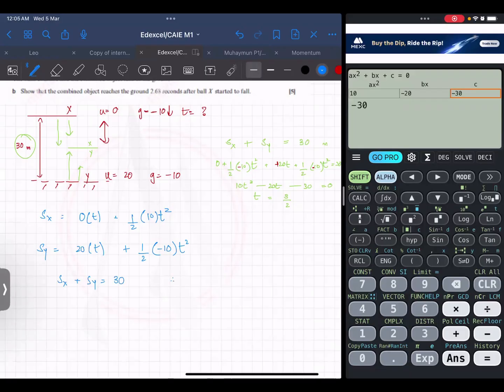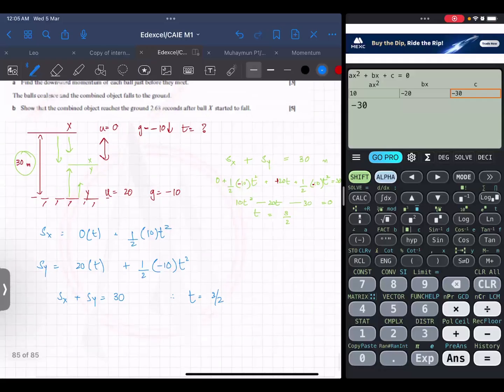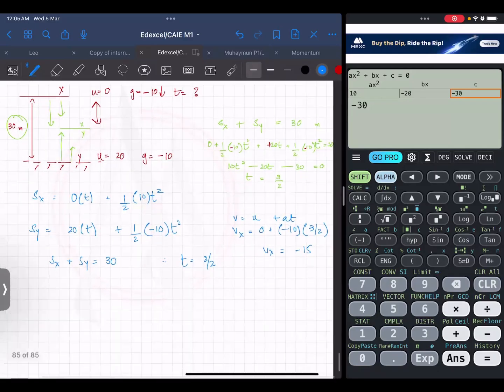So now you would get the time as 3 upon 2. And with this time, 3 upon 2, you can find the final velocities. V is equal to u plus at for both of them. So V of x: initial velocity of x is 0, acceleration is -10, and time is 3 upon 2. This comes out as -15 at the point when it is just about to collide.